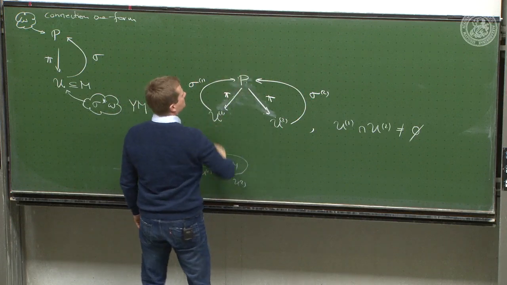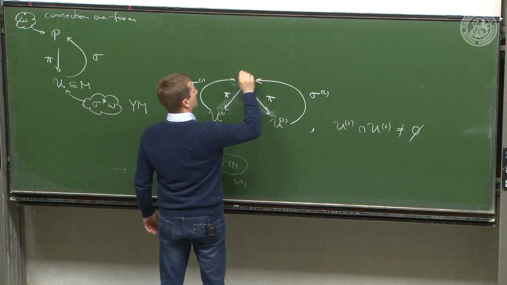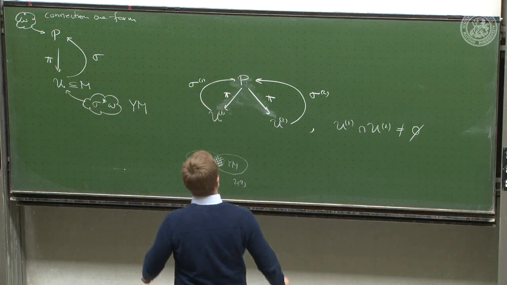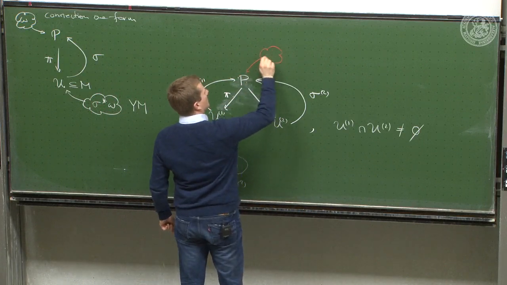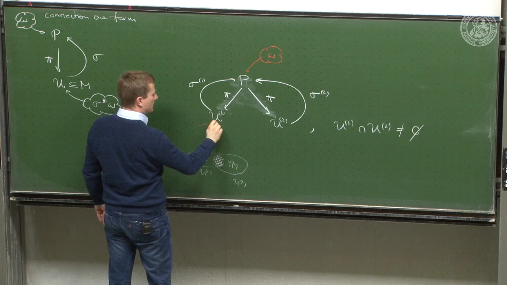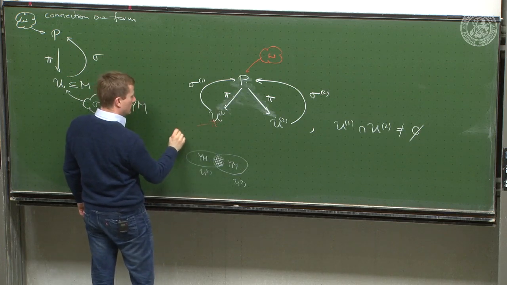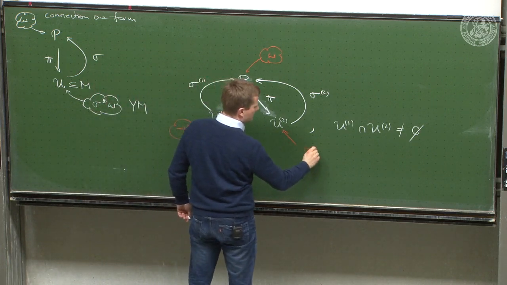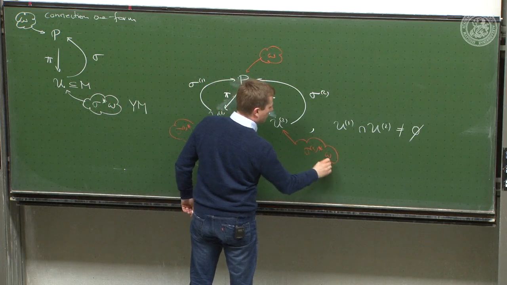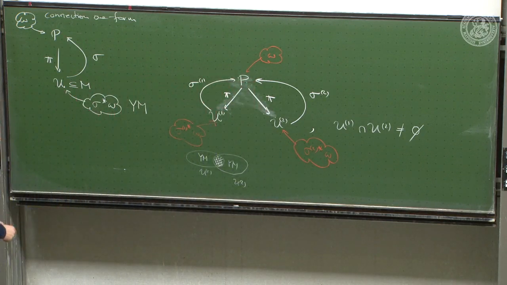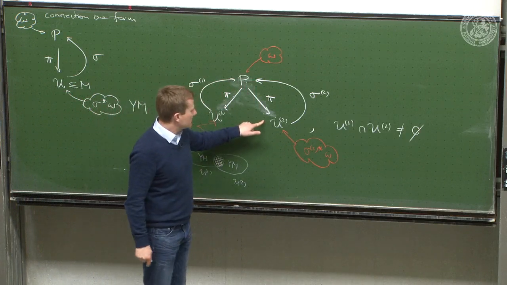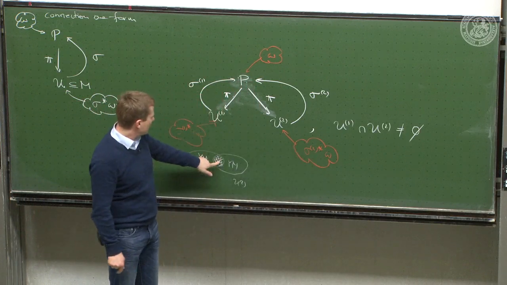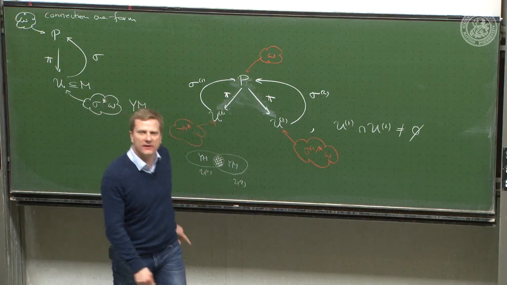And if we have a connection 1 form living up here, we can now have two different Yang-Mills fields on U1 and on U2. Here obviously sigma 1 pullback of omega, and here lives sigma 2 pullback of omega. And what we will be particularly interested in is what's the transition between this one and this one if I restrict attention to the domain where they're both defined.